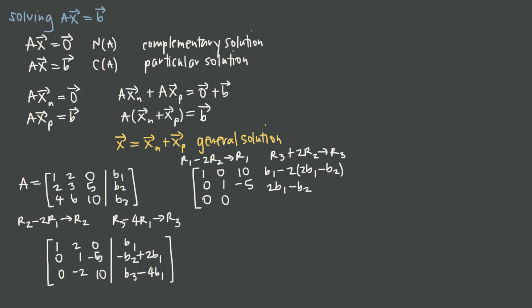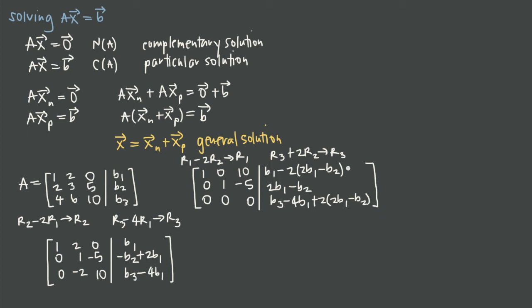And then 2 times a negative 5 is a negative 10. 10 plus a negative 10 is 0. And then here we take row 3, so B3 minus 4B1, and then we add to that 2 times row 2, so plus 2 times 2B1 minus B2. And now we've got our second column complete.